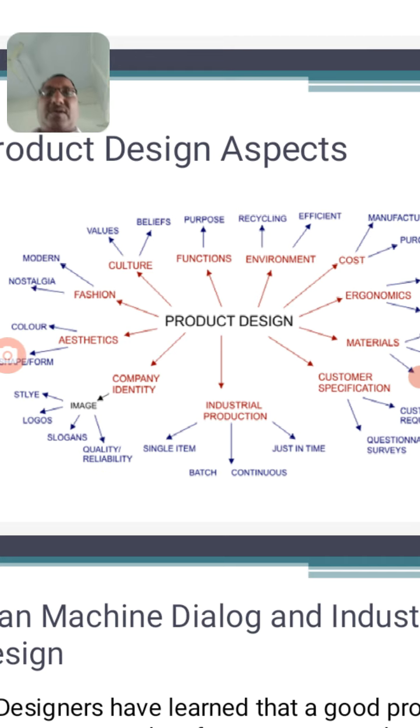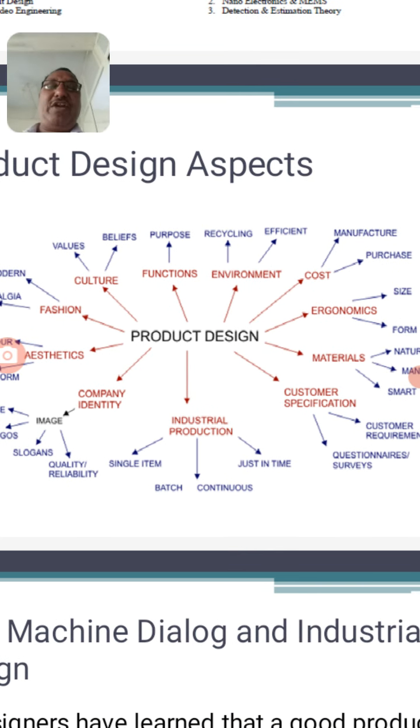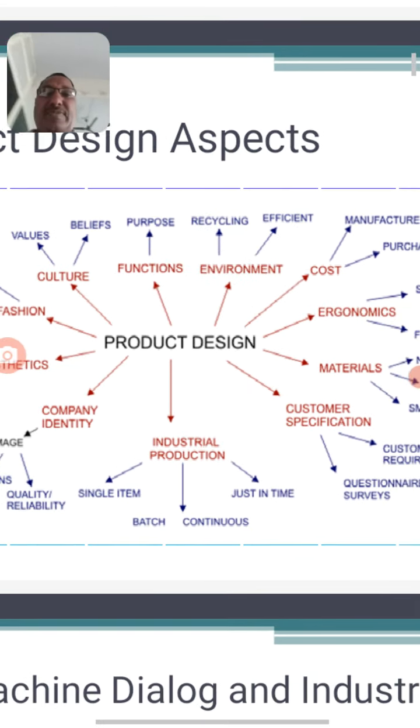Under this two-wheeler product, you will see different aspects, how you are going to convert that idea into a product. You will consider different points as given in the diagram.